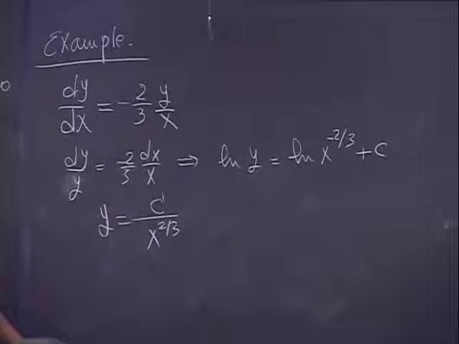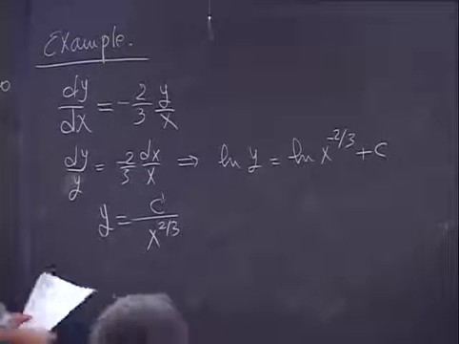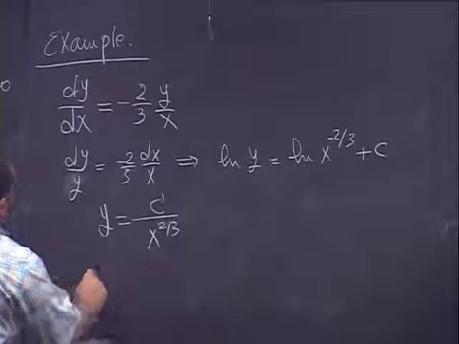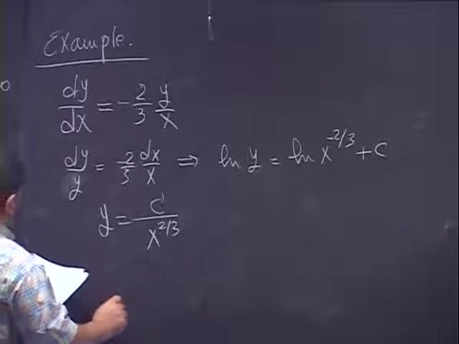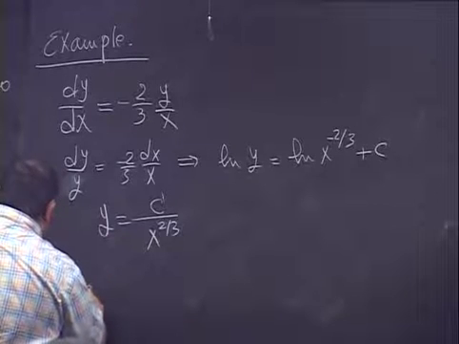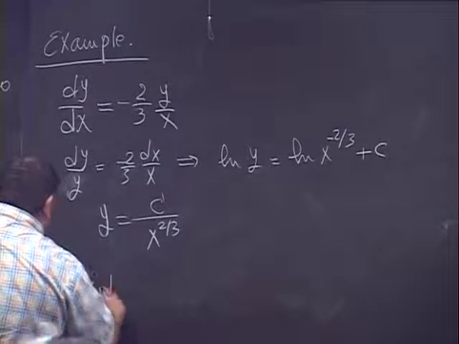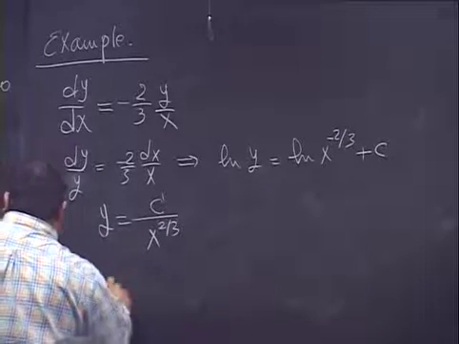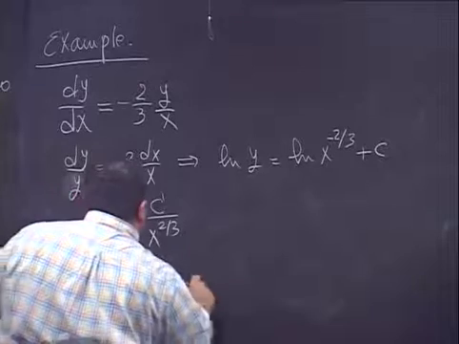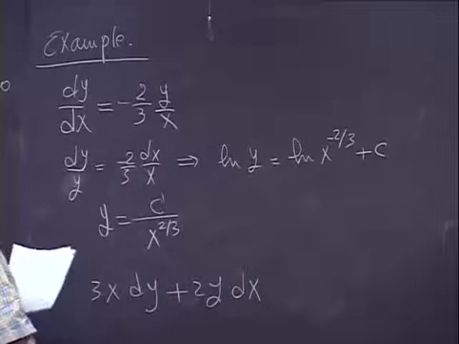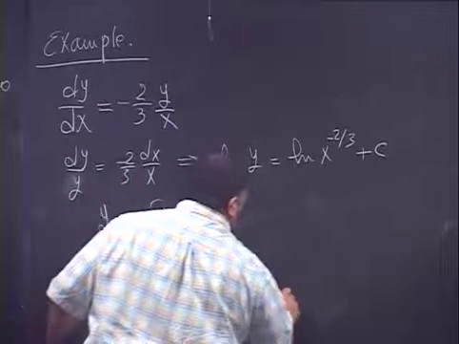Now we want to look at the solution using the exact differential. To make it an exact differential, this will be 3x dy plus 2y dx equal to 0.